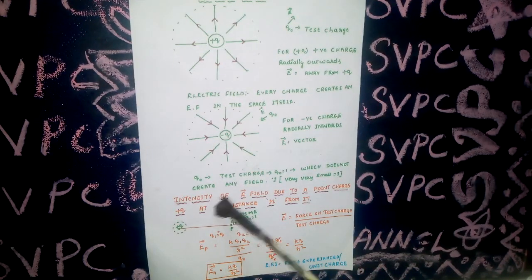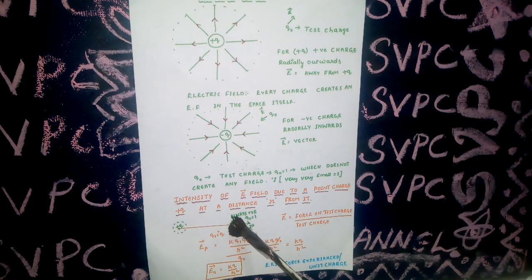Coming here, the intensity of electric field due to a point charge plus Q at a distance r from it. So we are finding electric field intensity due to a point charge. Now consider this is the line, and here I have placed one positive charge plus Q. Somewhere on this line I have placed Q naught, the test charge.